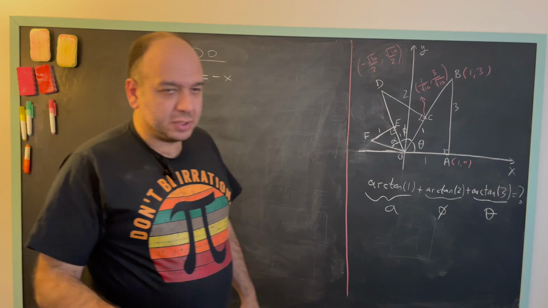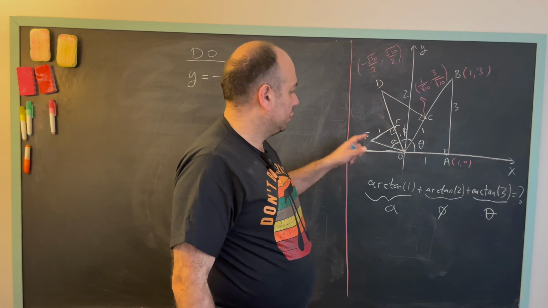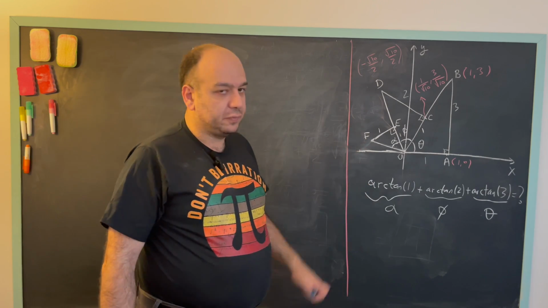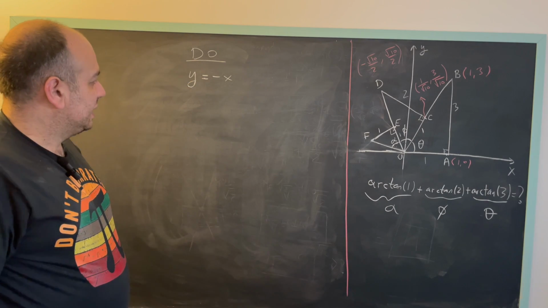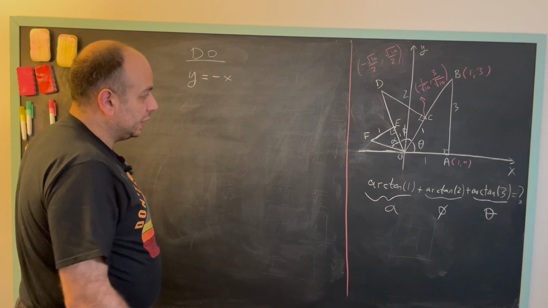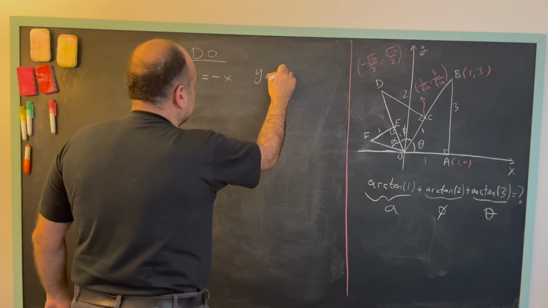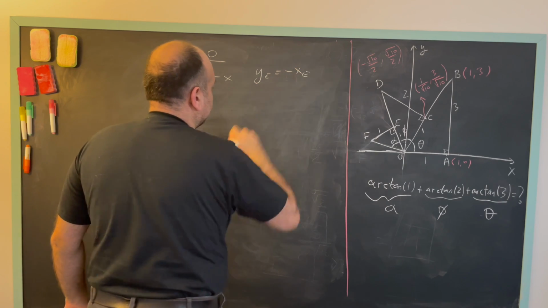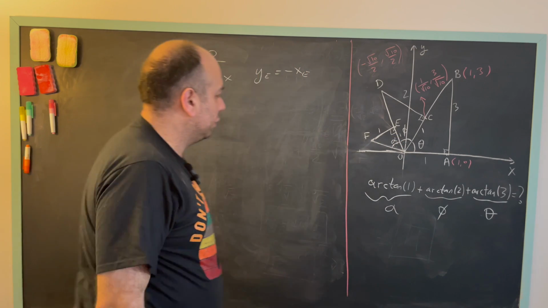But as I promised you, I'll go ahead and solve for the coordinates of E and also for the coordinates of F. Okay? So let's move on. So y is equal to minus x is the line equation for DO. Okay, so I need to find the coordinates of E. So y of E is going to be equal to minus x of E. But I also know that point E is at a distance of 1 from the origin.